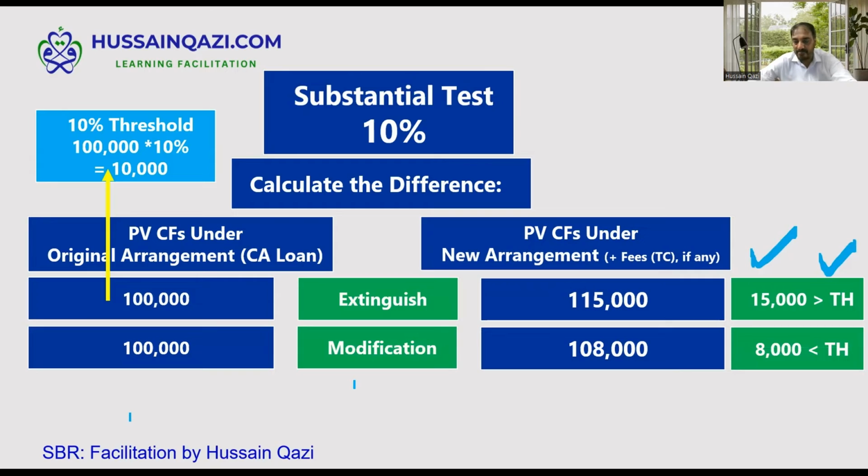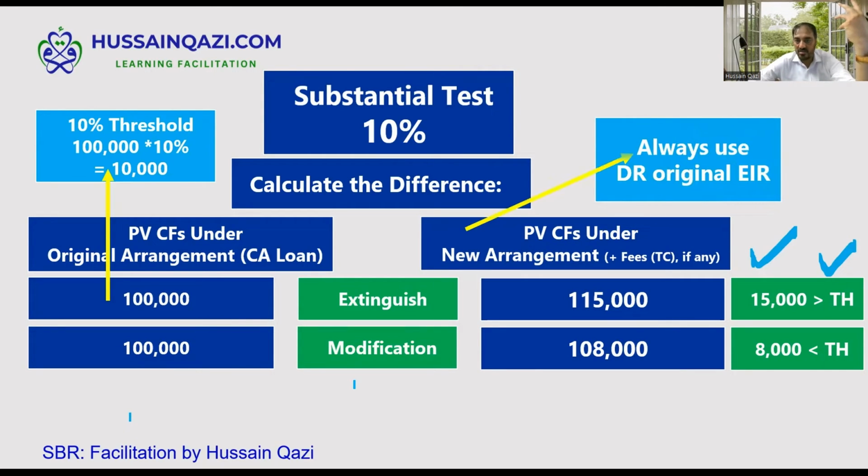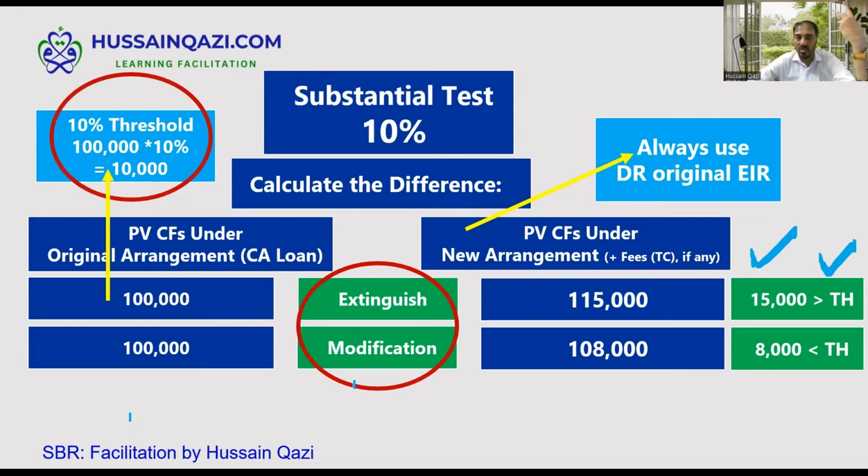If it's less than the threshold, that's called modification. Always use the original effective interest rate as the discount rate for the substantial test assessment. It's all about extinguish or modification, based on the 10% threshold.